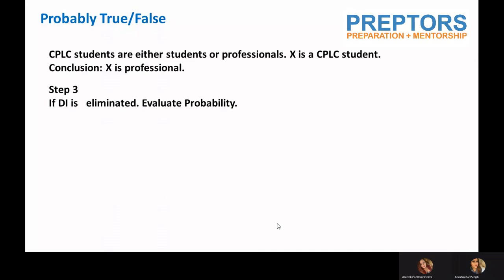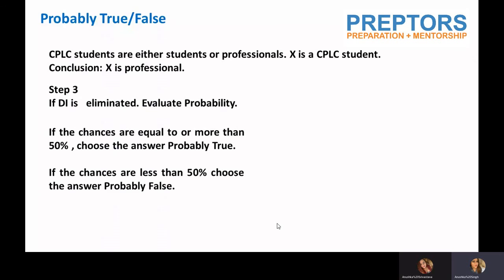Again 50%. So if the chances are equal to or more than 50%, I will choose my answer as probably true. And if the chances are less than 50%, then I will choose my answer as probably false, right? So here obviously it is 50% or more. In fact, it's 50% student and professional because it's either or. So in this case, my answer will be probably true, right?